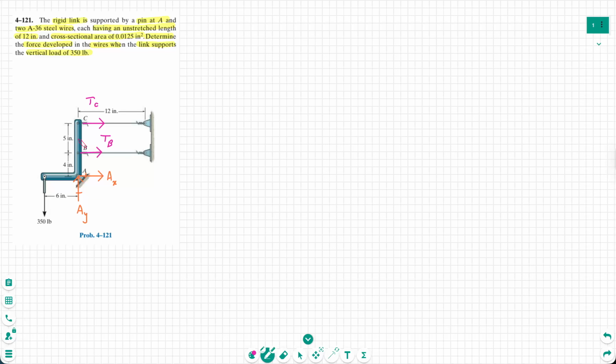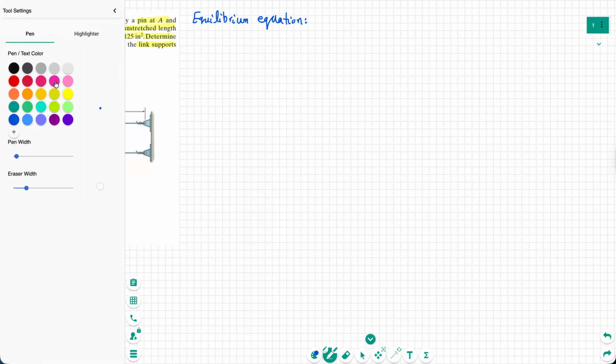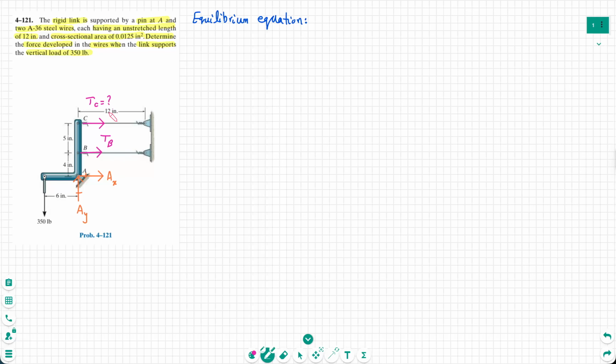So, if we just start to write the equilibrium equation, or start to solve the statics of the problem, because I just want to find TC and TB, I mean this force and this force, the tension in these wires, I don't need to find AX and AY.